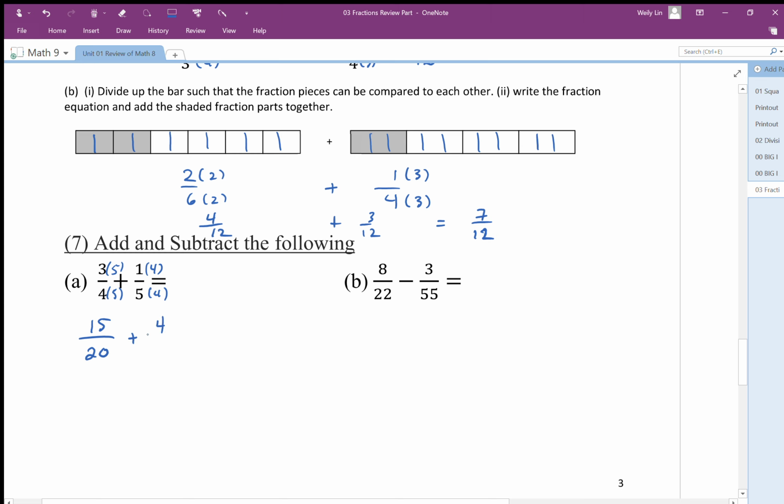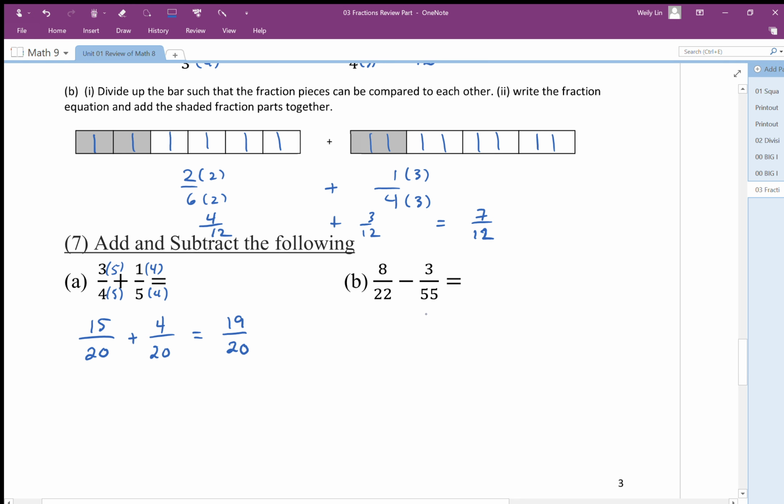This gives me 4 pieces of size 1/20. And now, since I have the same size pieces, or a common denominator, I can add the numerators together to get 19, and I stay with the same size pieces. So again, if I change the denominator, that means I change the size of the pieces. And that's not what's happening when I count or add these together.